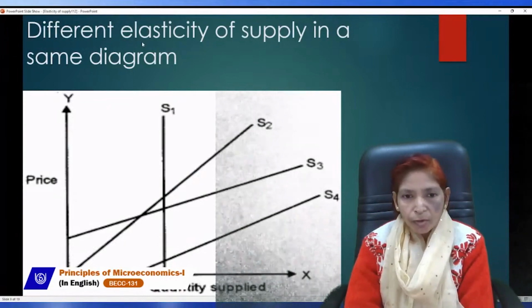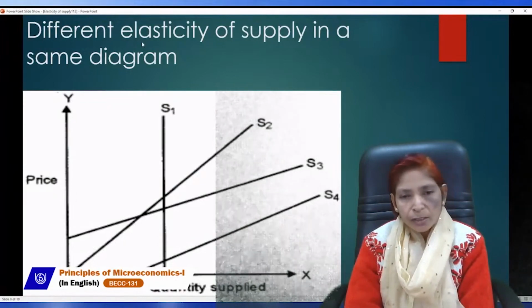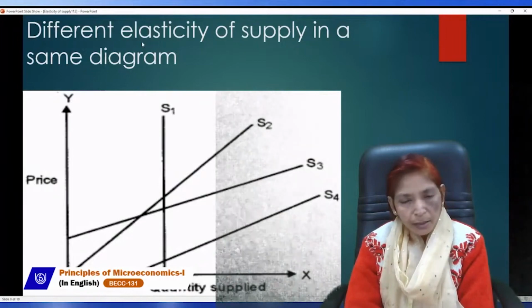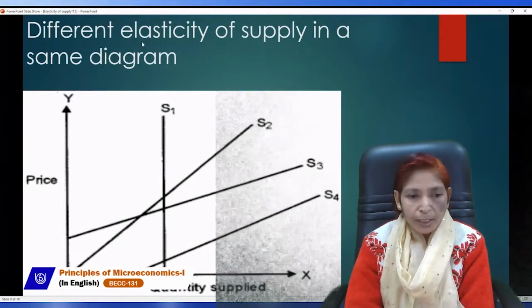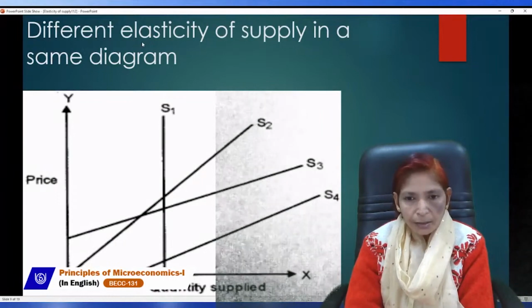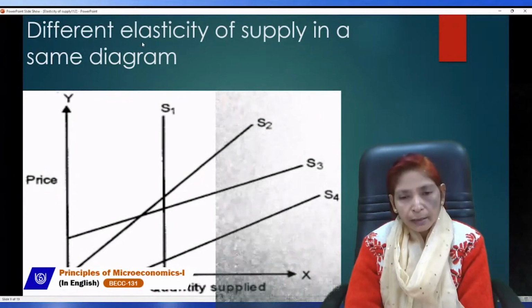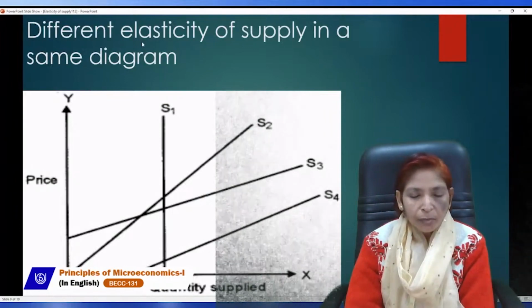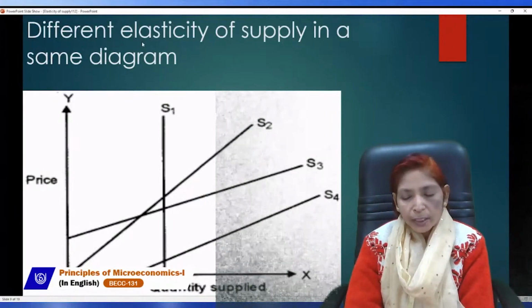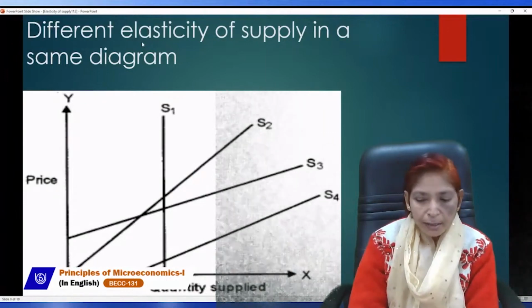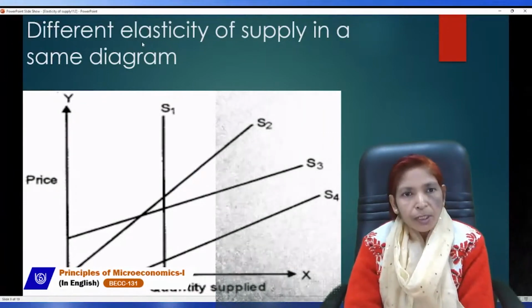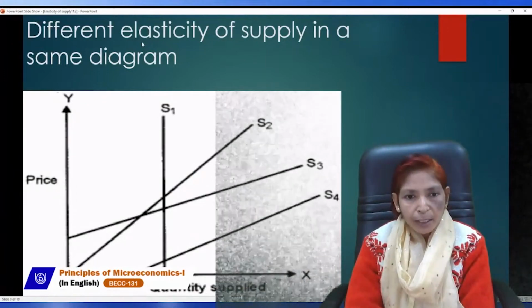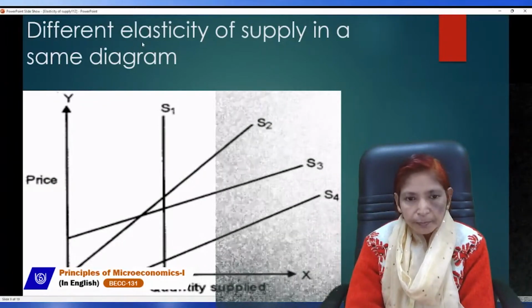The S2 curve starts from the origin, so it is unitary elastic supply. The S3 curve is upward sloping but starts from the y-axis, so it shows greater than unitary elastic supply. And the S4 curve starts from the x-axis, so it shows less than unitary elastic supply. So these are the different elasticities of supply in the same diagram.